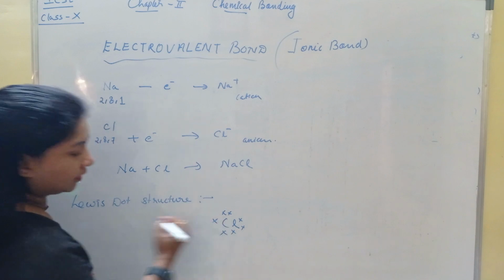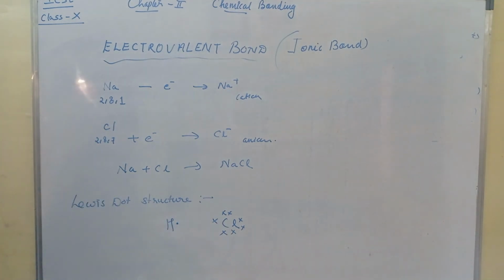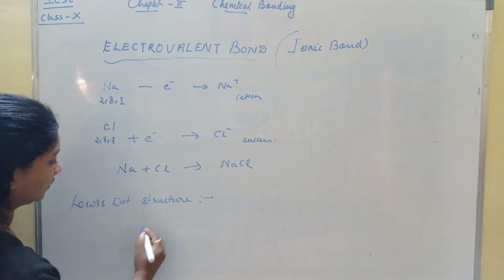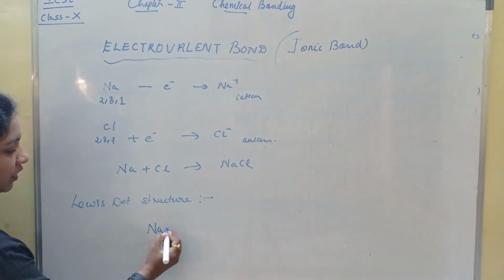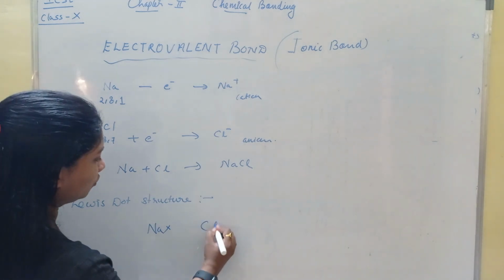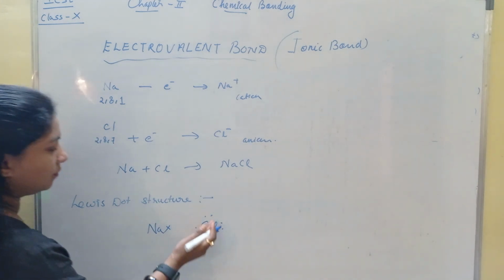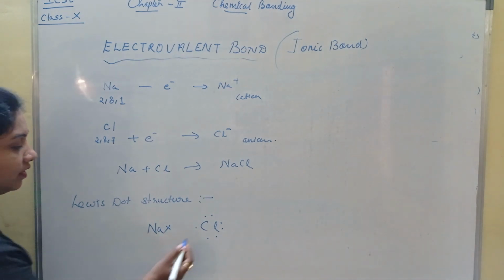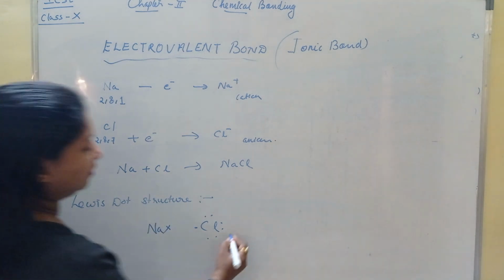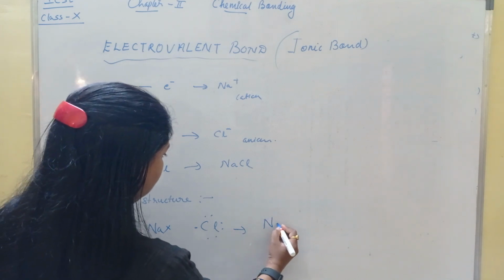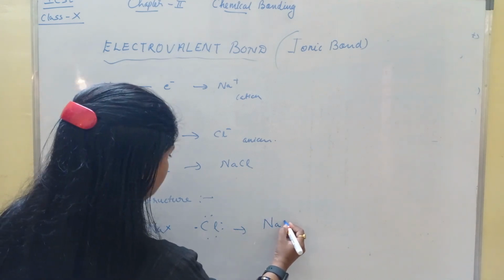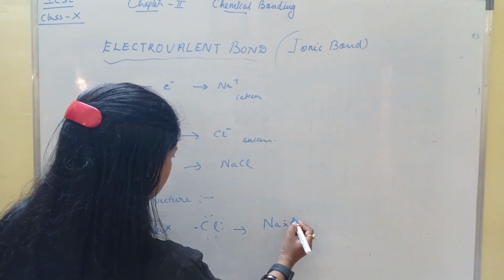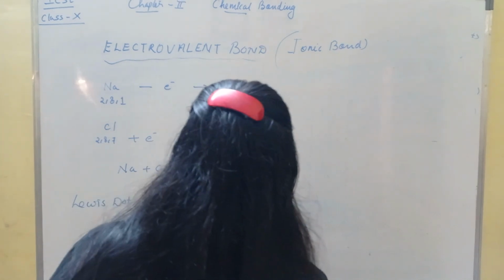ठीक है. सो सोडियम क्लोराइड का लुईस डॉट स्ट्रक्चर कैसे बनेगा? सोडियम 1 इलेक्ट्रॉन इन इट्स वैलेंस शेल, क्लोरीन या तो हम डॉट से रिप्रेजेंट कर सकते हैं, क्रॉस से रिप्रेजेंट कर सकते हैं, सर्कल से रिप्रेजेंट कर सकते हैं. तो they combine and form ऐसे शो करते हैं इसको.